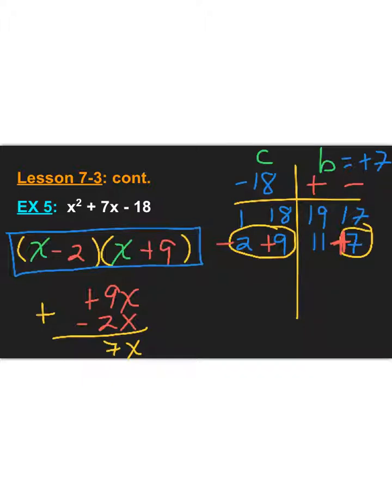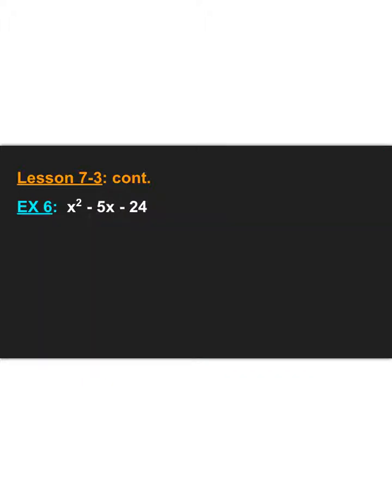Now for our last example. In example 6, again, read it backwards. We're going to take the factors of 24 and subtract them to get a -5. So I'm looking for my middle term to be in the subtraction column. So let's set up our table and then label it C and B, plus and minus.